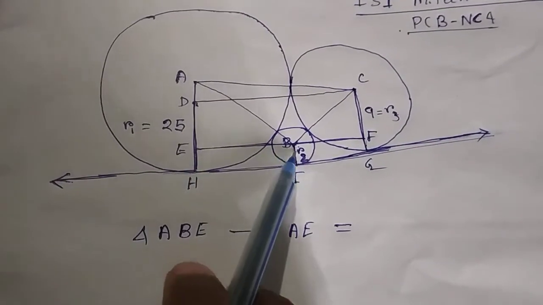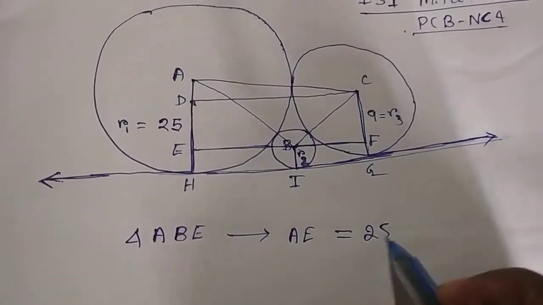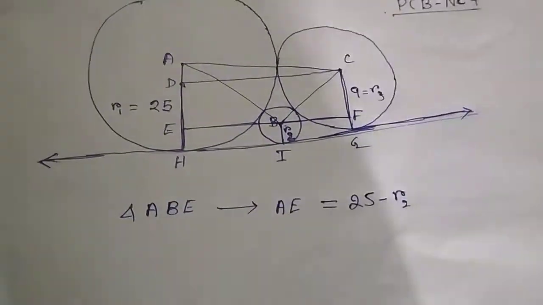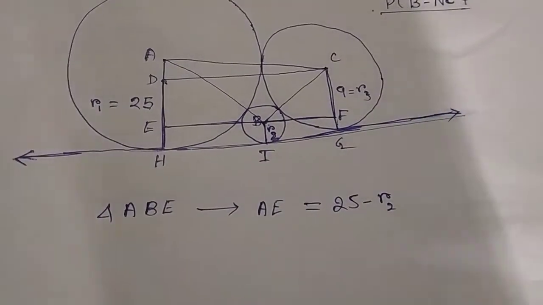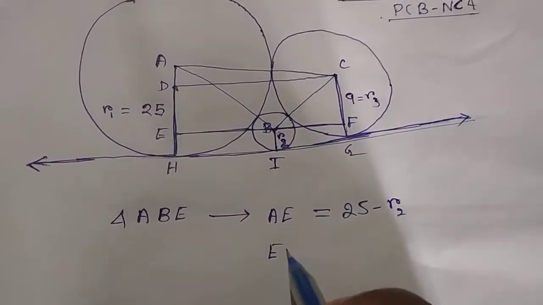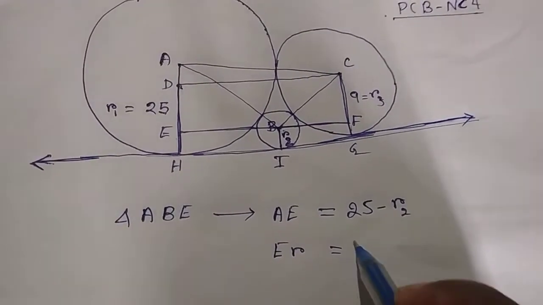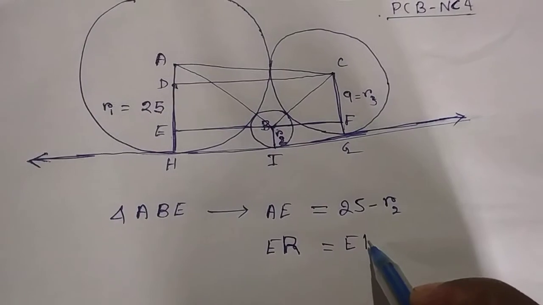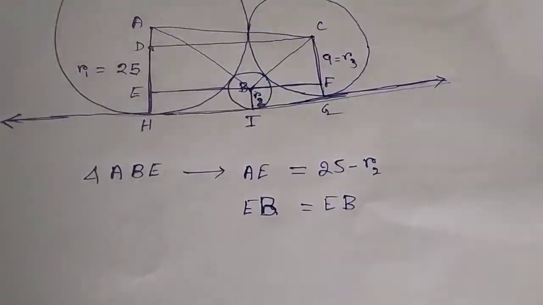So AE is going to be 25 minus R2. Then EB, we don't know the value of EB. We'll put it as EB only.